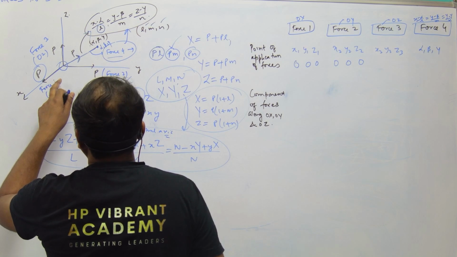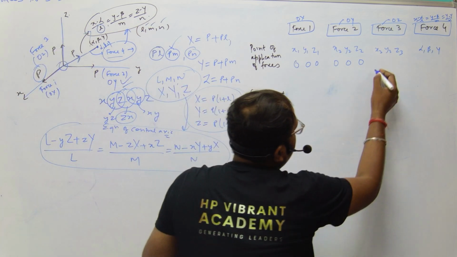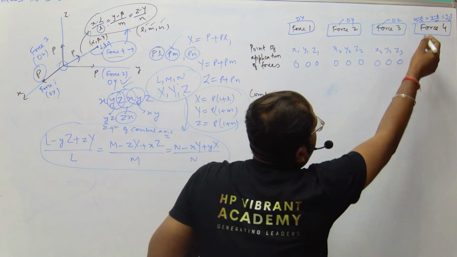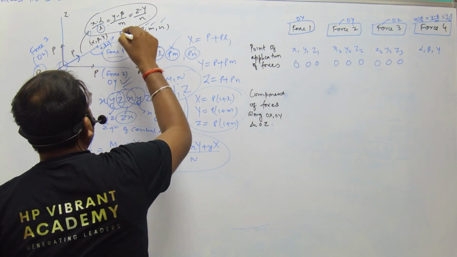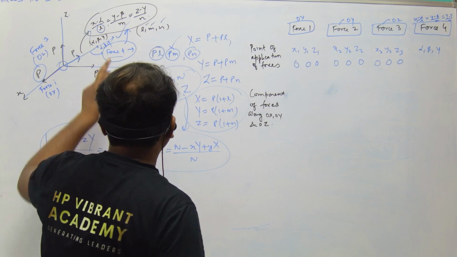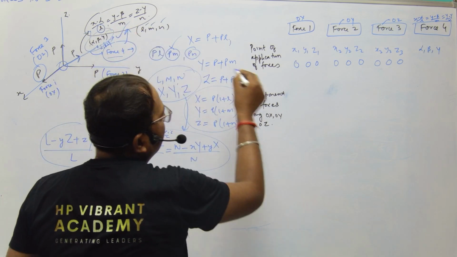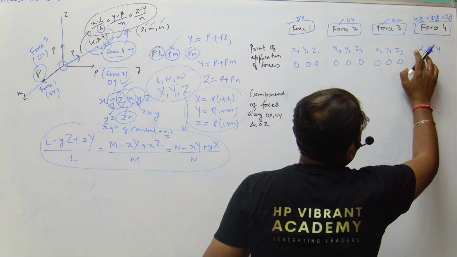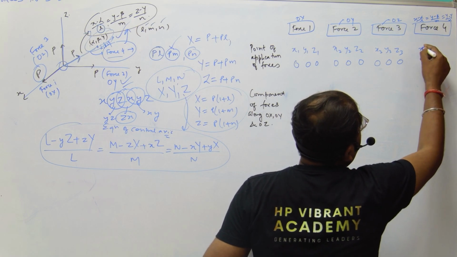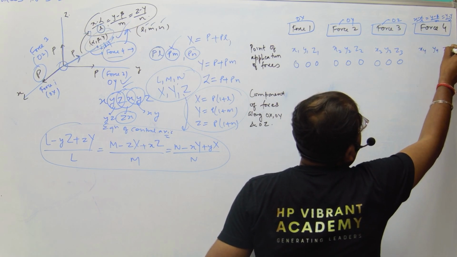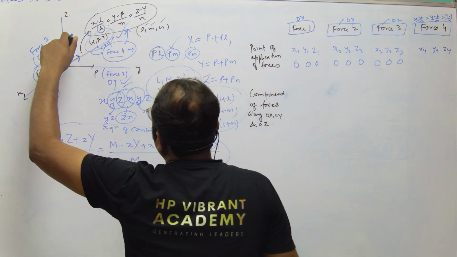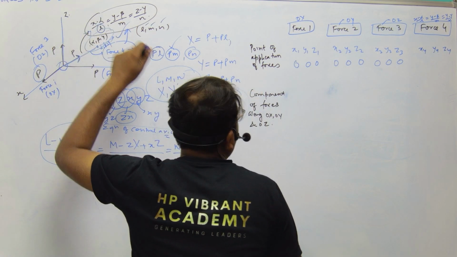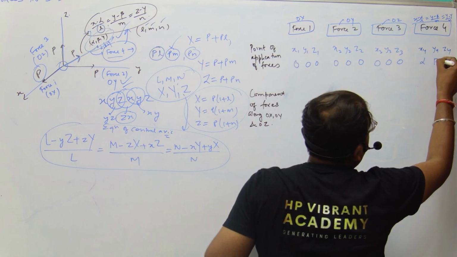Force 3 is acting along z direction. So the point of application is origin 0, 0 and 0. And force 4 is acting along this particular direction, that is along the straight line. So the point of application will be alpha, beta and gamma. Sorry, this is x4, y4, z4. So x4, y4, z4 is point of application of this force along this line. Okay, so this is alpha, beta and gamma.